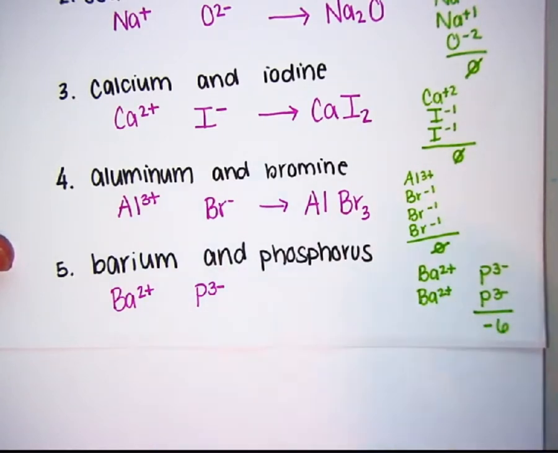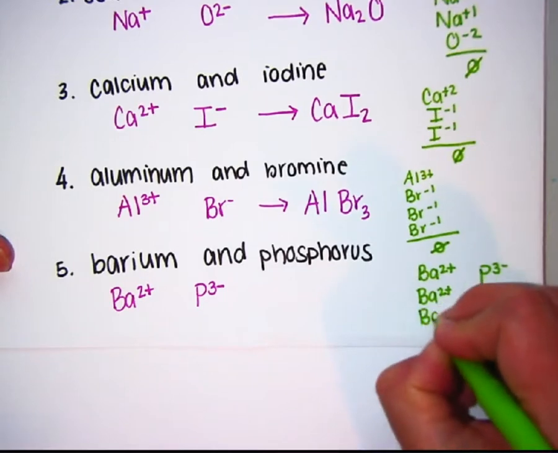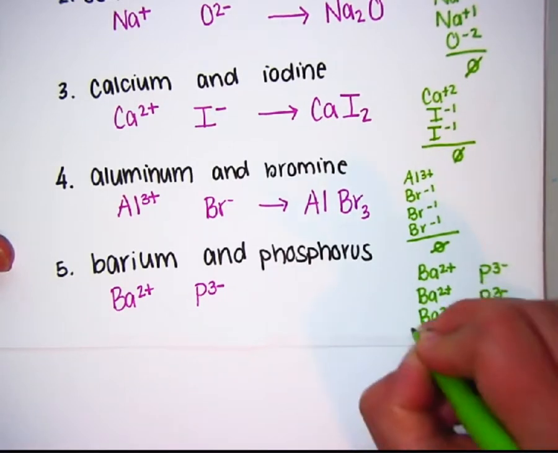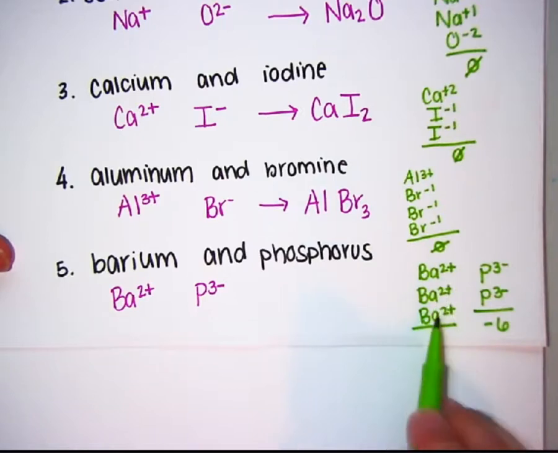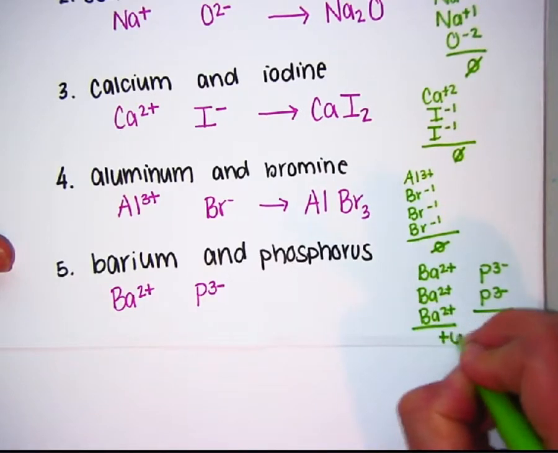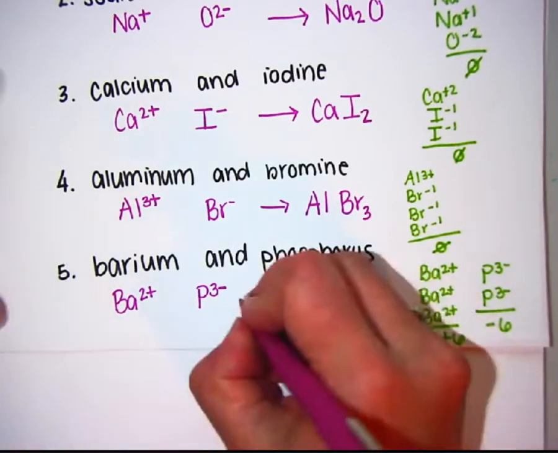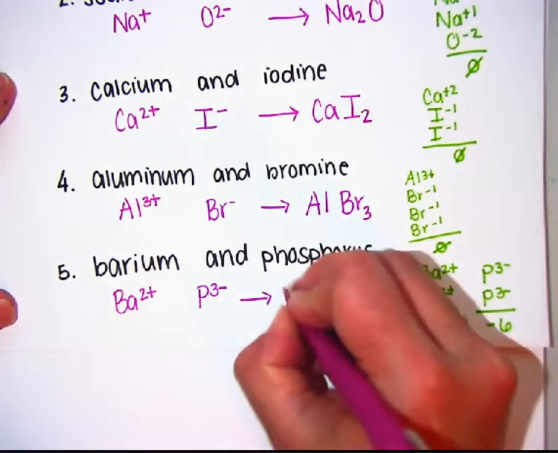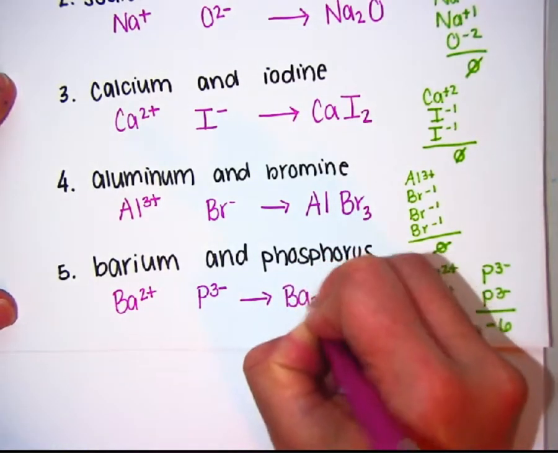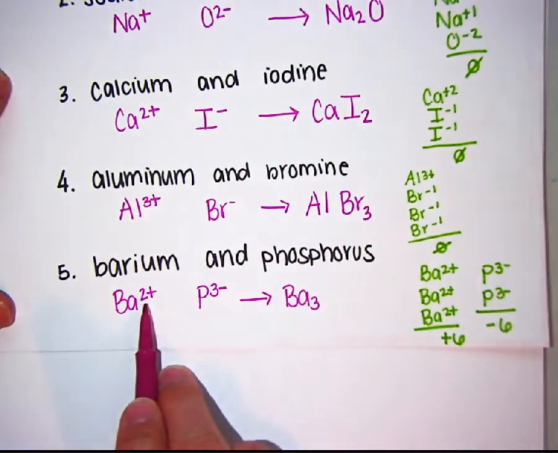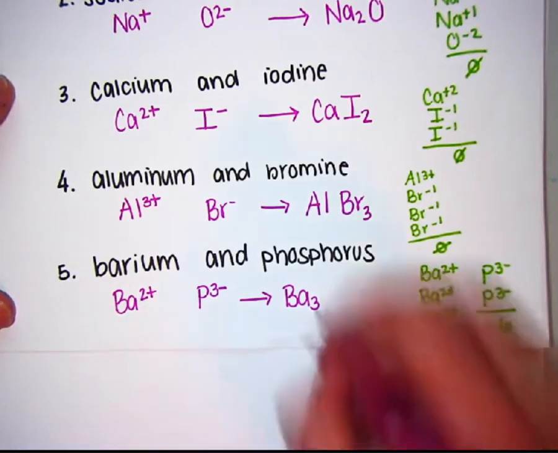Barium is only +4, so I could add another barium. 2 plus 2 plus 2 gives me +6. So now these charges are going to cancel out. If I have 3 bariums, each with a charge of +2, that gives me a +6.